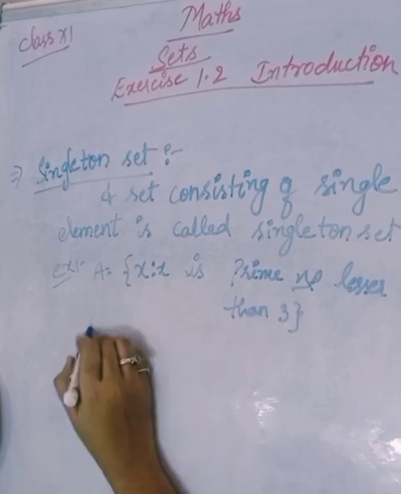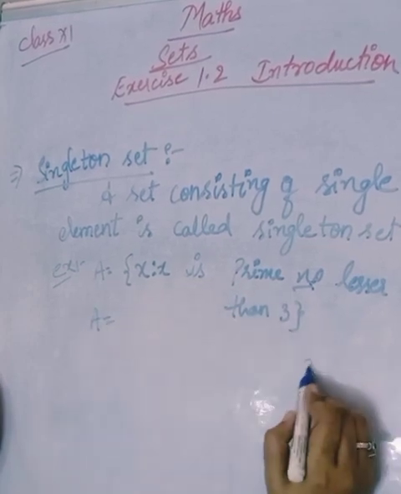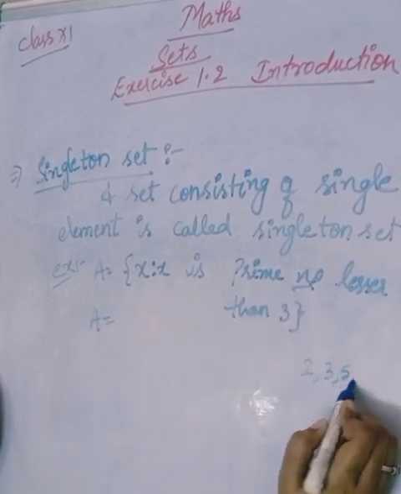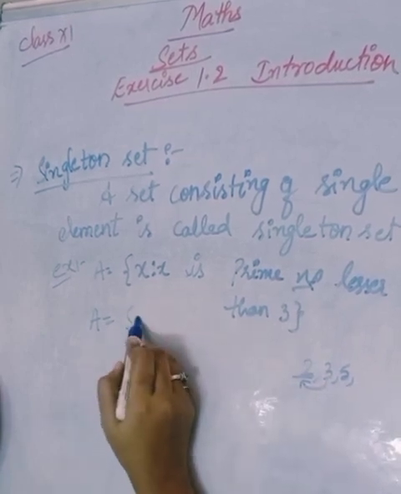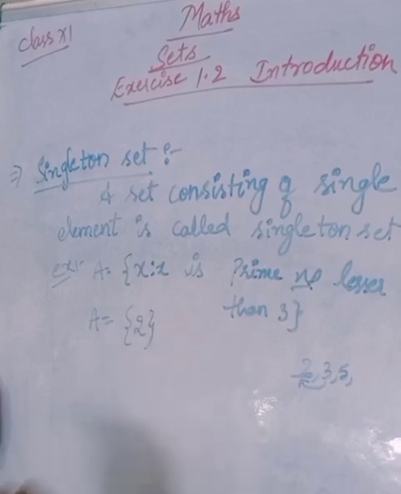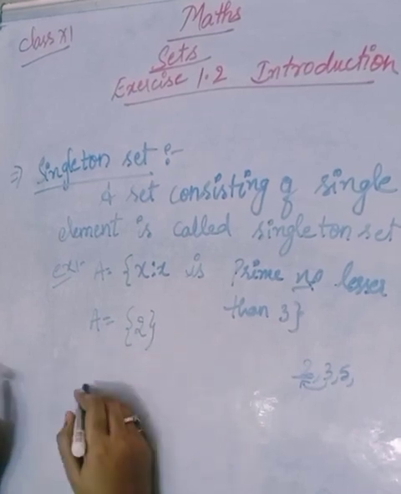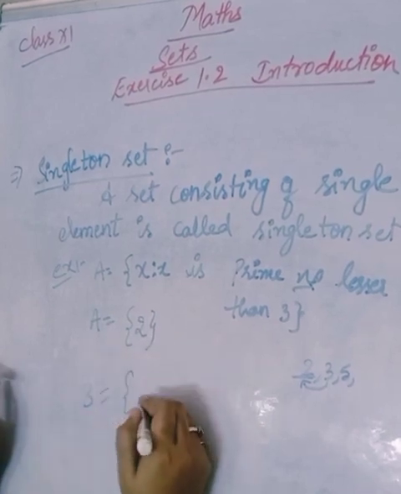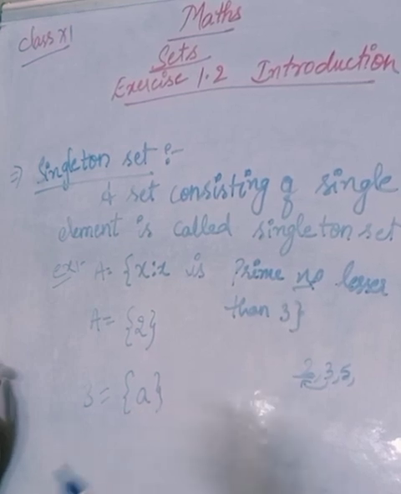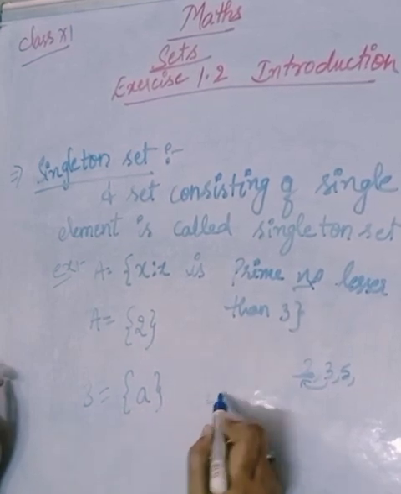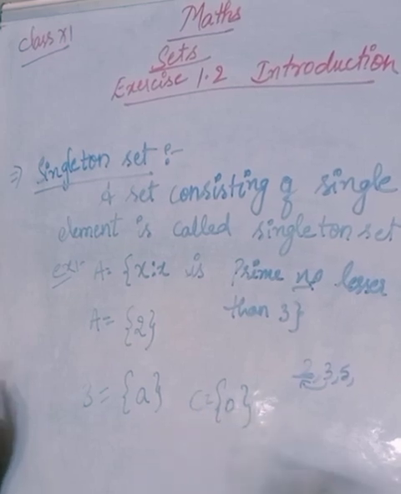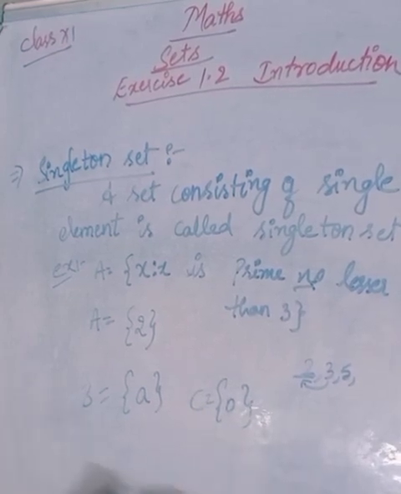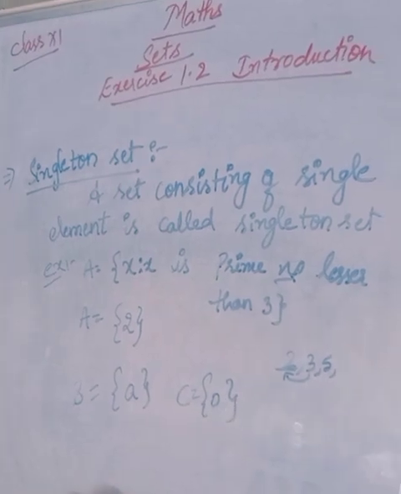Which prime number is less than 3? Because we start from 2, 3, 5 like that. Which is less than 3 we have? That is 2. That means only 2 will exist. Similarly, for example, B is equal to only a, or a few times C is equal to only 0. So like that, elements we will represent as a single element in a set. That's what we call a singleton set.